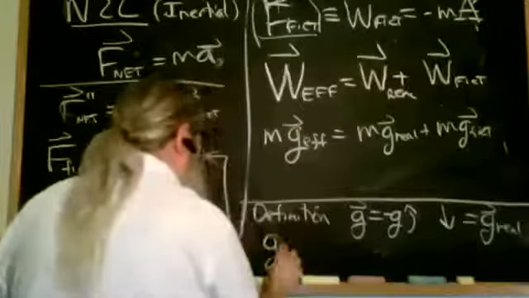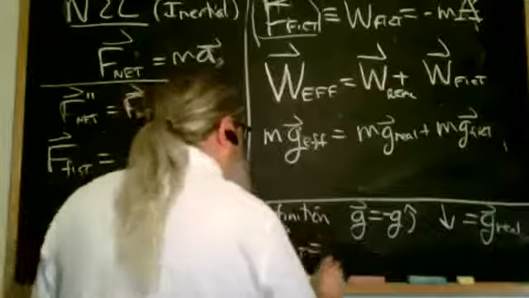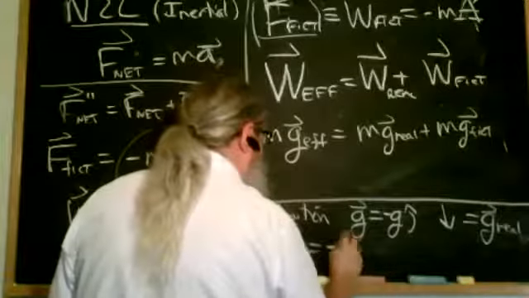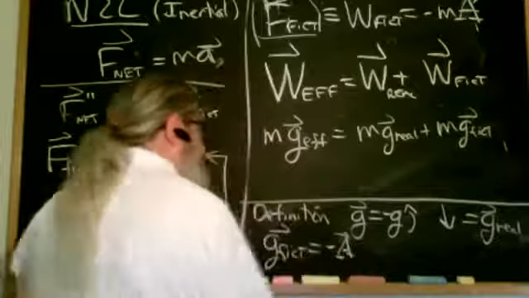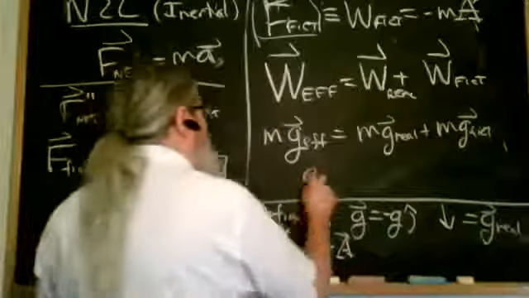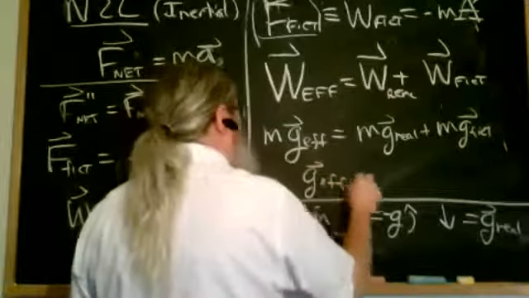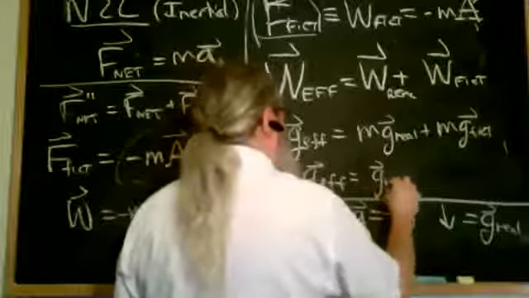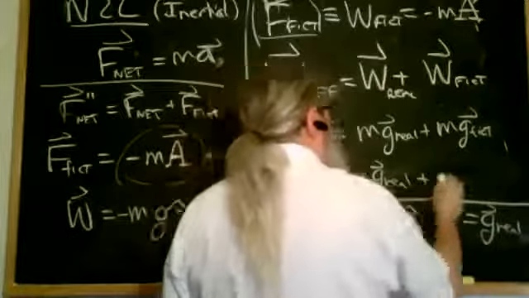Where G fict is equal to negative A. Okay? So that means that G effective, the effective gravity vector, is just equal to the real vector plus G fictitious.